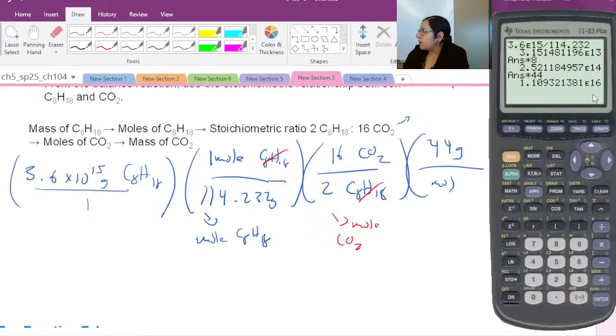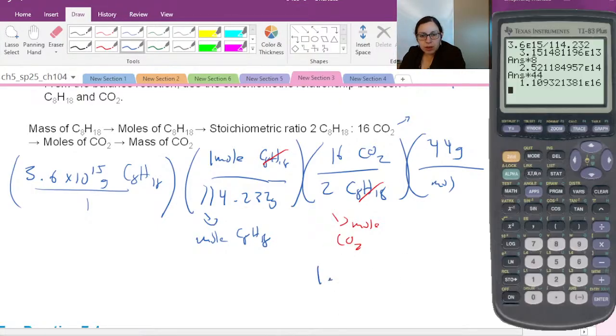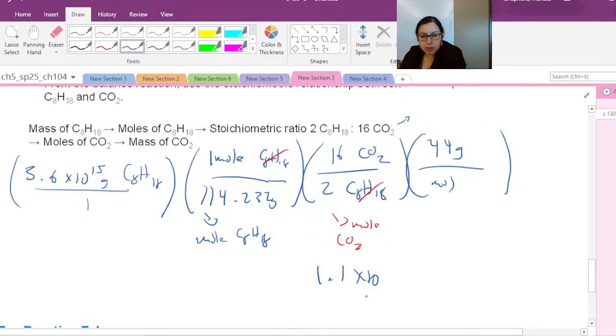So 1.1 times 10 to the 16th grams. So at least one yes. Is that what other people got? So 1.1 times 10 to the 16 grams of CO2.